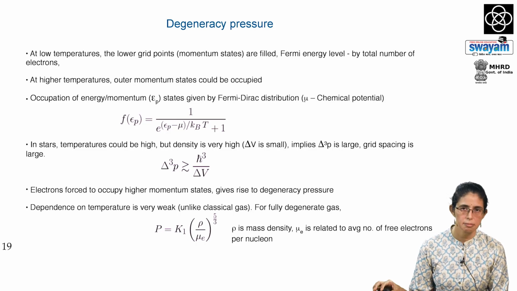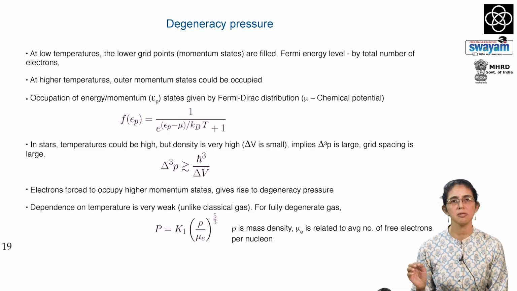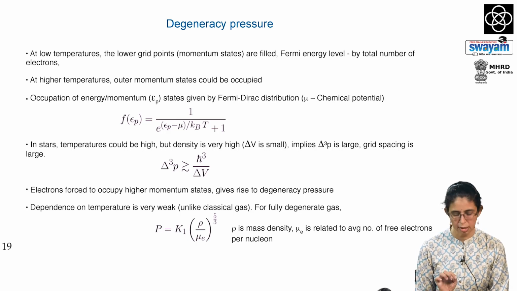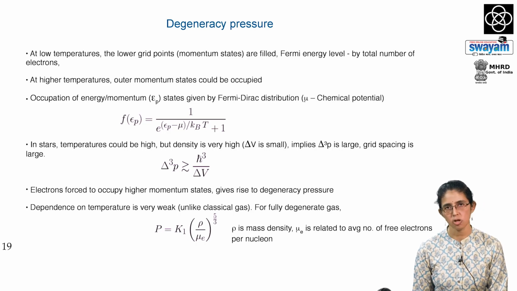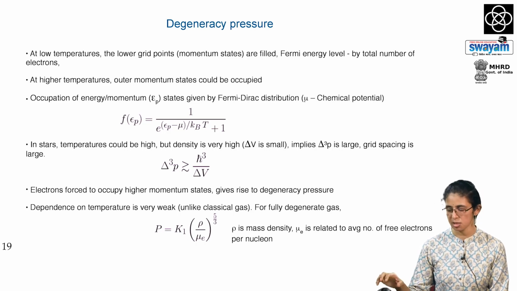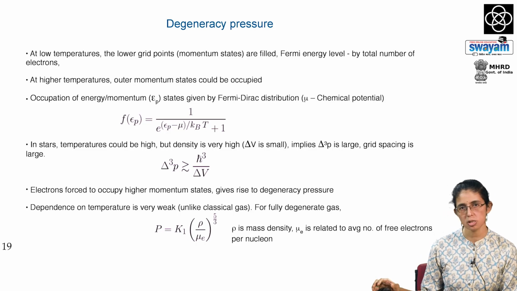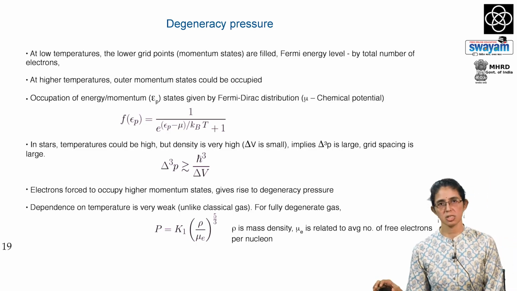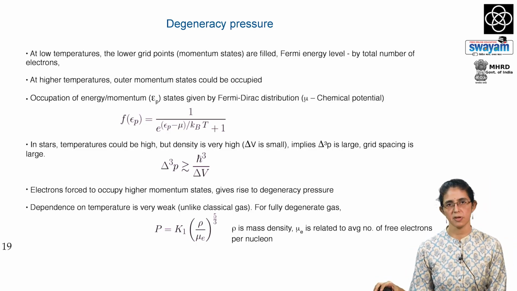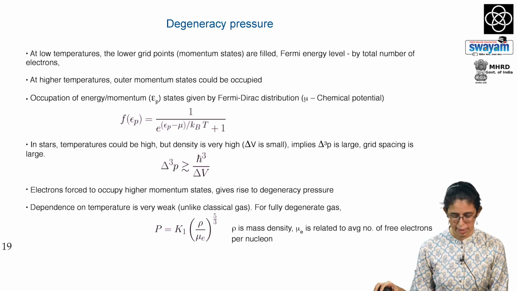And when we say the system is degenerate, we mean with respect to the electrons, because the mass is an important factor that goes into this factor K1, and the electrons are the first to achieve degeneracy. If the nucleons are fermions, they can also undergo degeneracy pressure, but because of the larger mass, this is achieved at much higher densities.